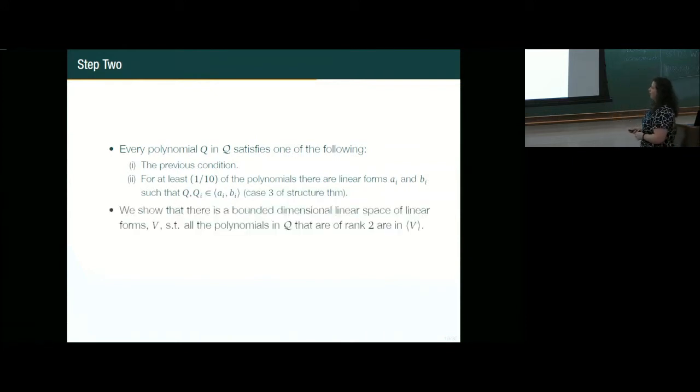So what do I do? First, I show that there is a bounded dimensional linear space of linear forms, V, such that all the polynomials of rank 2 in Q are in the ideal generated by V. This is the first step. It's just an iterative algorithm that must be bounded after 1 over delta steps.